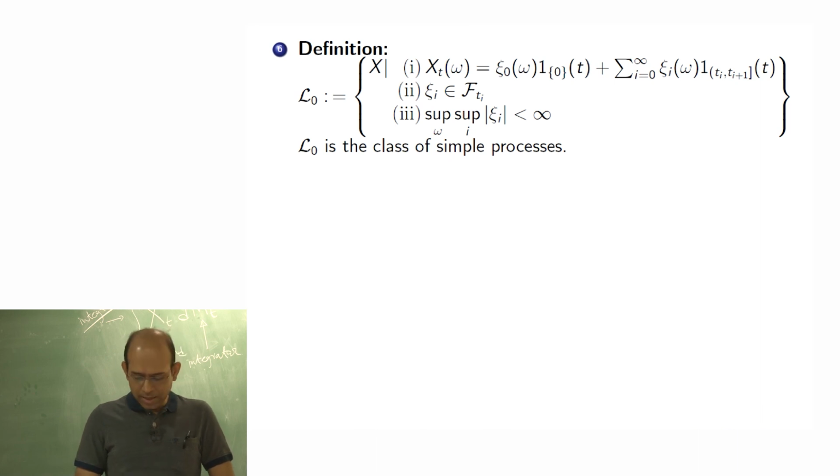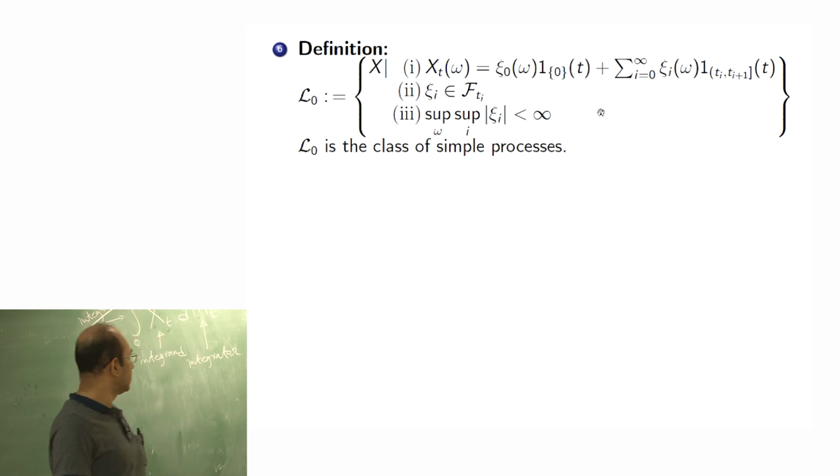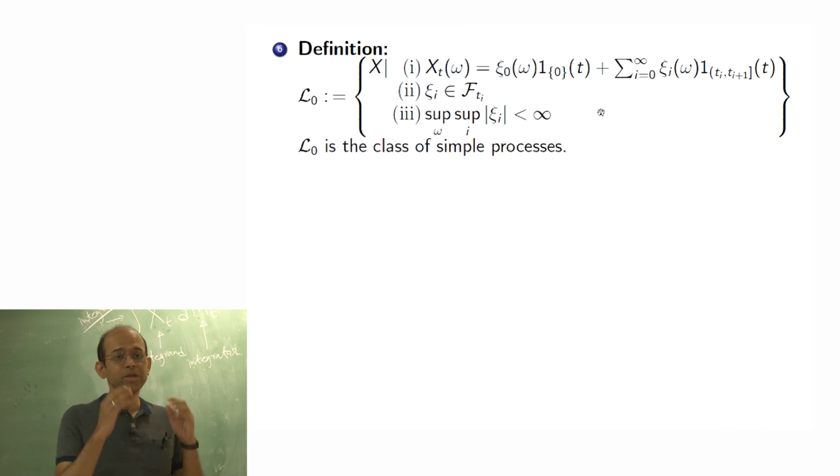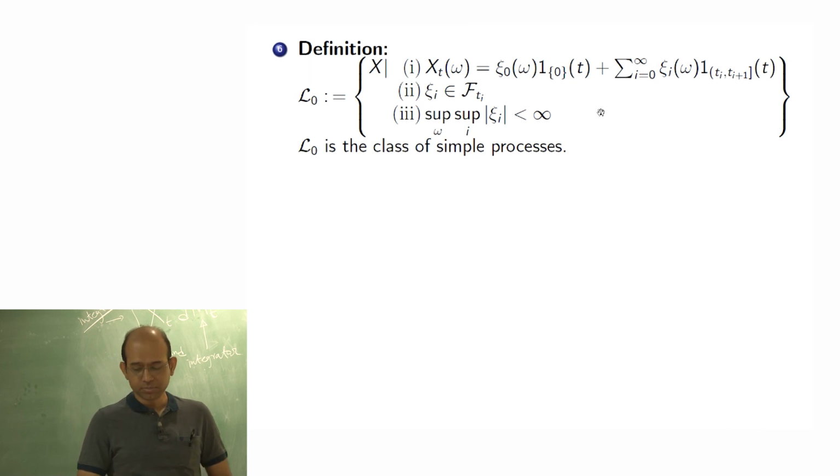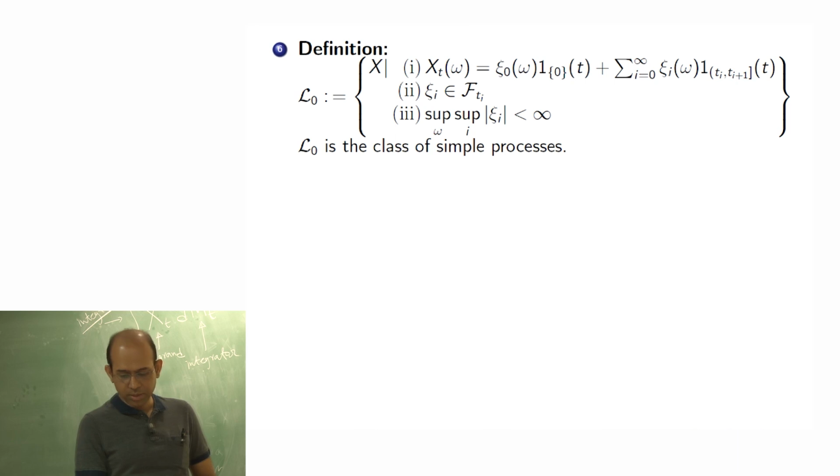Nothing simpler than this can be considered as an integrand, and although this is a very small class, we are going to see it is not that small. It is actually dense in a very large class. So, one can approximate a useful integrand using members from this L0 class.